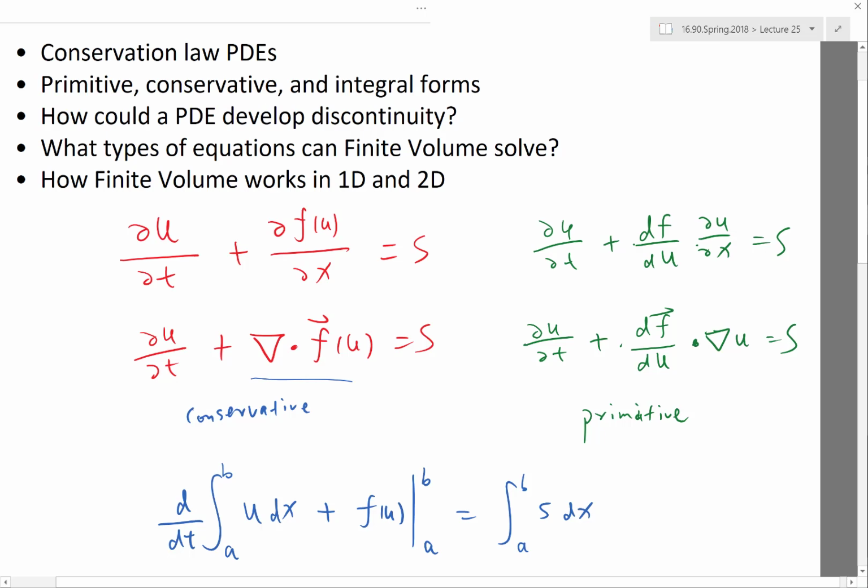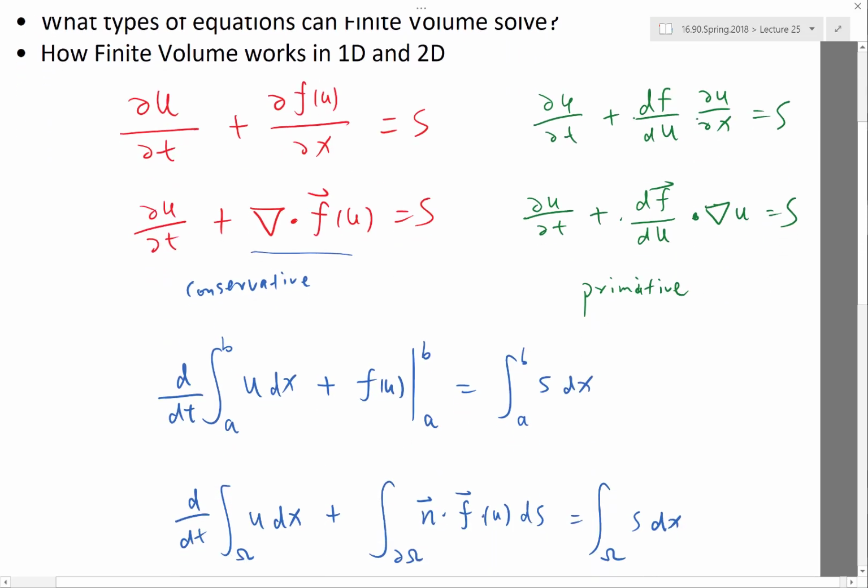You split the entire domain. In 1D, you split the entire domain into small intervals you call volumes. And in 2D or 3D, you split the domain into small triangles or quadrangles or whatever shape you want and call them volumes. And you apply the integral form onto these finitely many volumes.